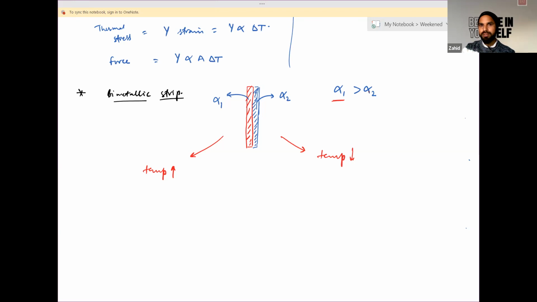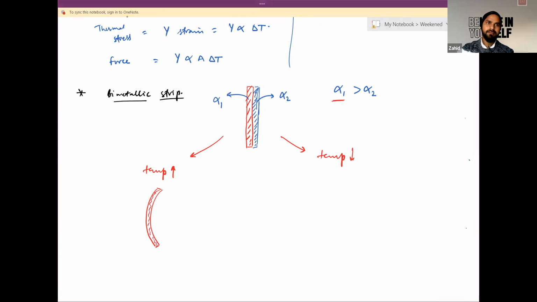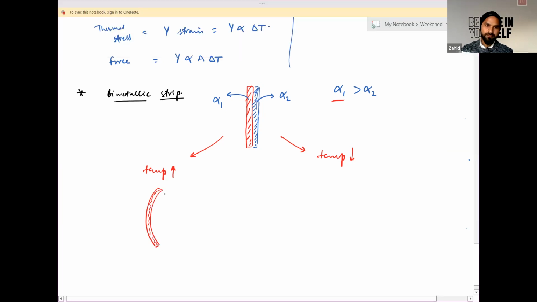So the red rod will expand more compared to the blue rod, so it may acquire this shape on increasing temperature. Like this.